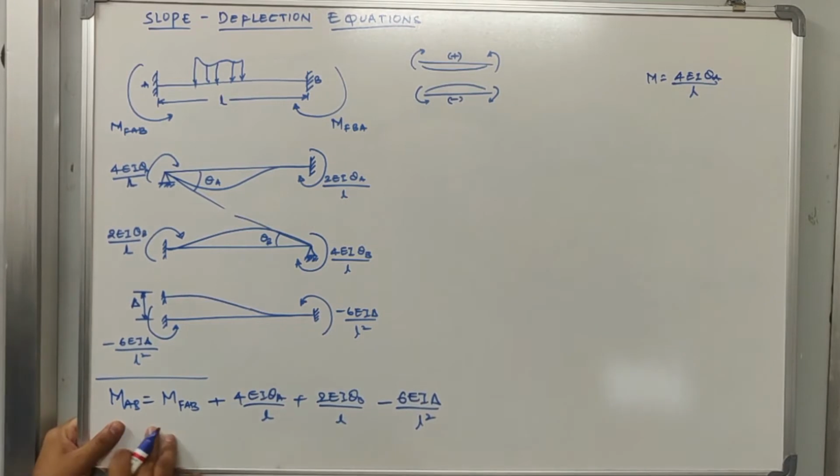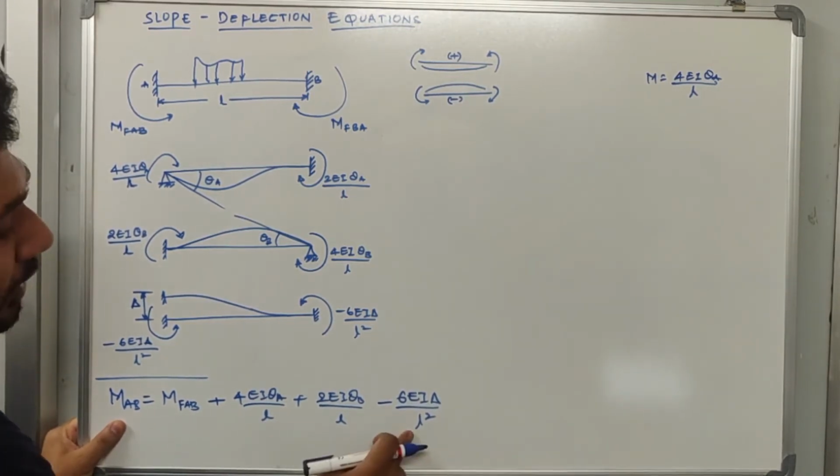So MAB, the final moment, will be the sum of the fixed end moment, the moment because of rotation and the moment because of deflection.